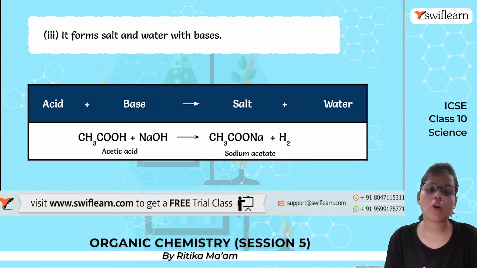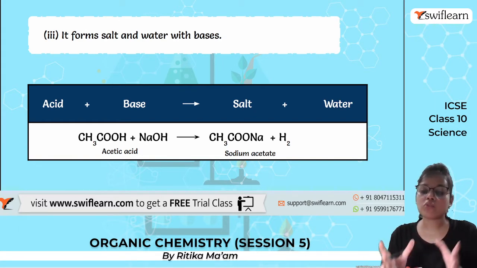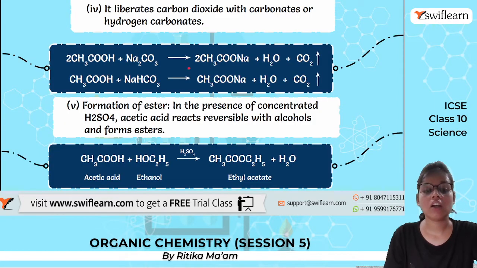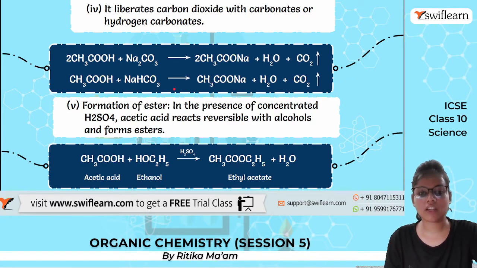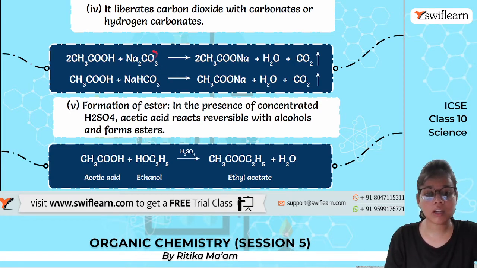Next, it forms salt and water with bases. Okay, so what is happening? Acid and base react with each other to form salt and water, and this particular reaction is known as neutralization reaction. Next, it liberates carbon dioxide with carbonates or hydrogen carbonates. So for example, when we take sodium carbonate or sodium hydrogen carbonate, it will release carbon dioxide and water.